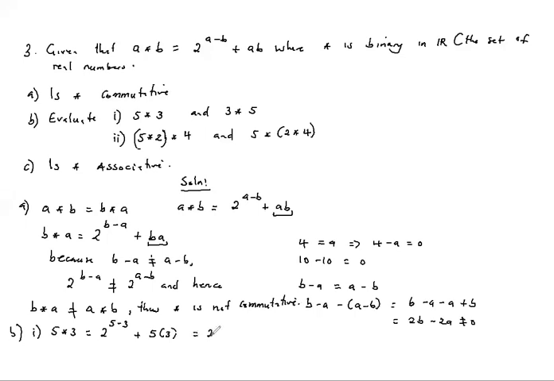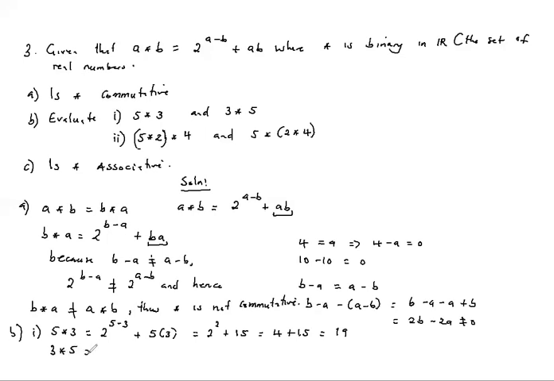So we have 2 to the power 2, which is 4, plus 15. So we get 4 plus 15, which is equal to 19. Okay, let's also find 3 star 5.